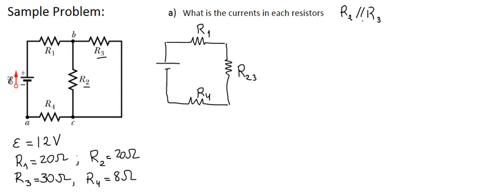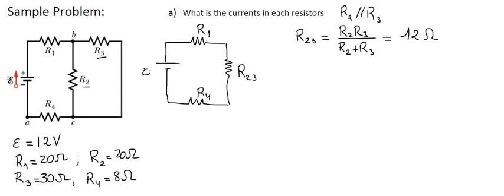So we have R2 in parallel with R3, so we can calculate R23. What is R23? R2 times R3 over R2 plus R3. That's a useful formula. By calculating that, you get 12 ohms.